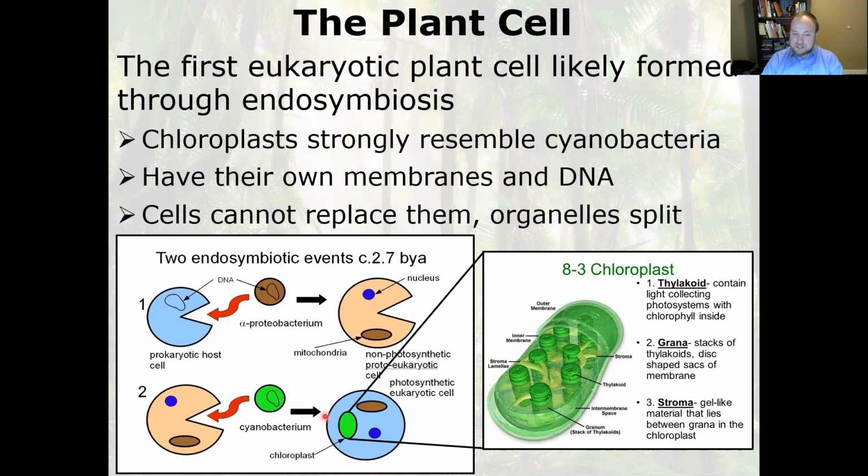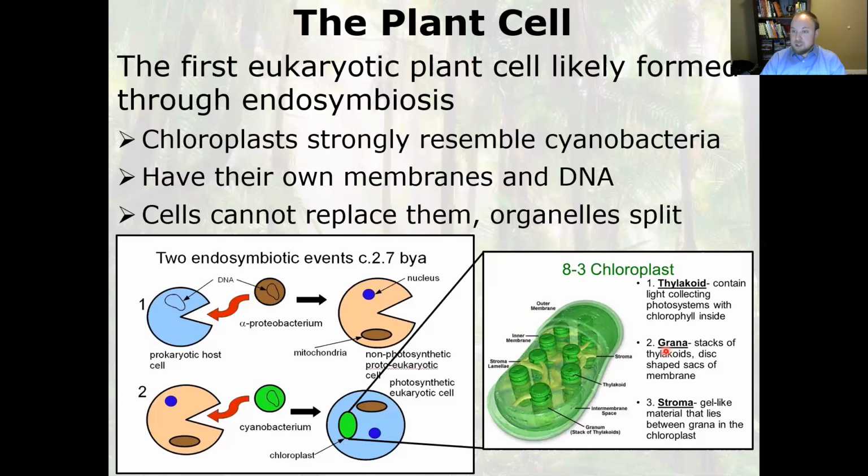And that cyanobacteria is still hosted in eukaryotic plant cells today as the chloroplast. So this is a cross-section of the chloroplast. So a chloroplast is, again, these thylakoid membranes with their photosynthetic things stacked up into these grana.